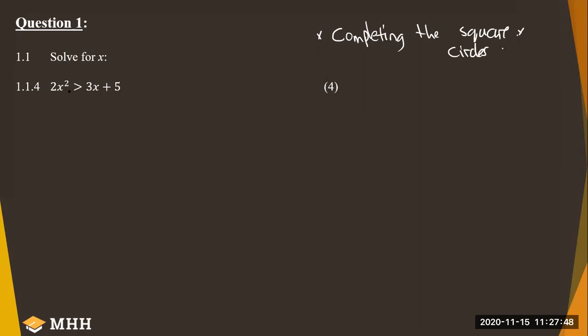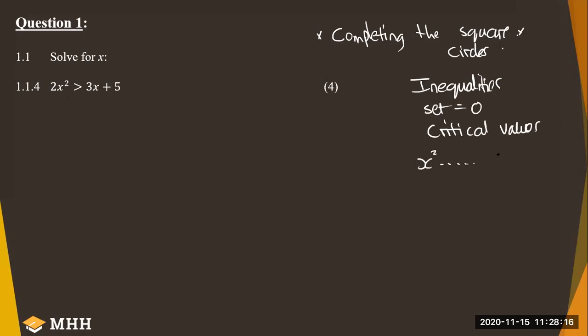Right, the first one. When you see an inequality sign, what must you think of? Let's just look at all the summaries. Inequalities: you set everything equal to 0, and then you must find the critical values, right? If you interpret it from the left side, let's say it was x squared, whatever, and it's greater than 0, it means it's bigger than 0.